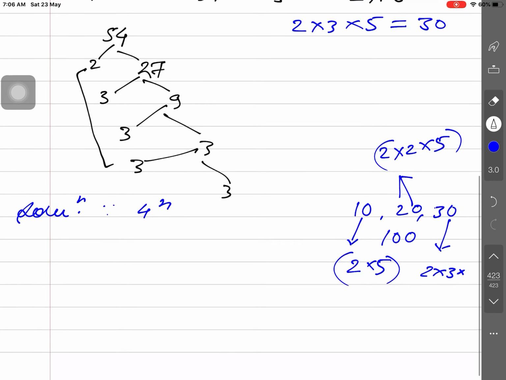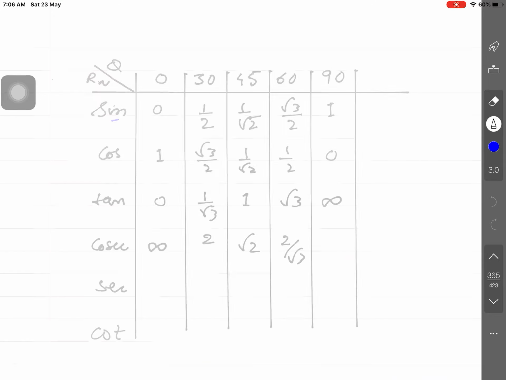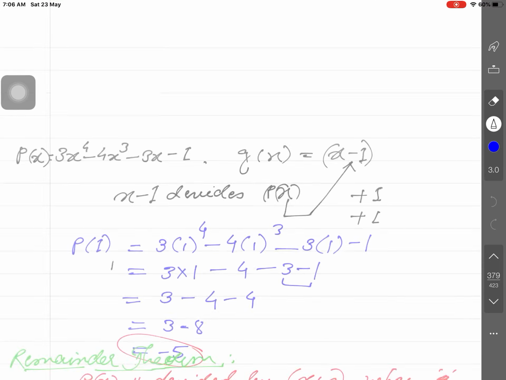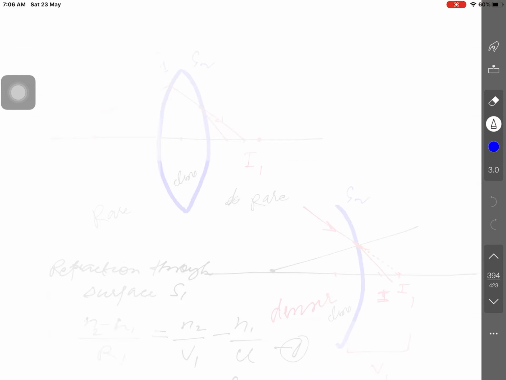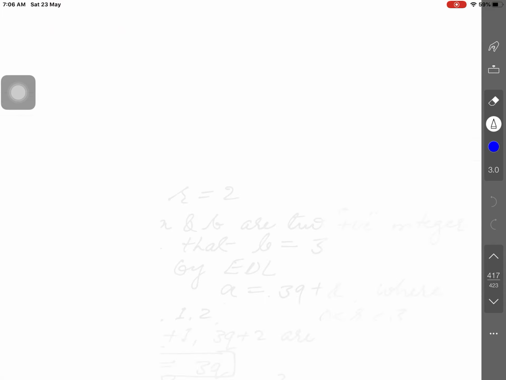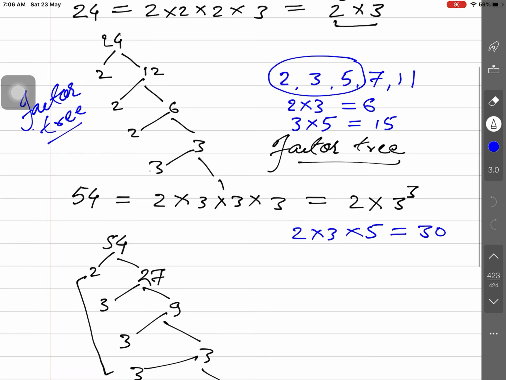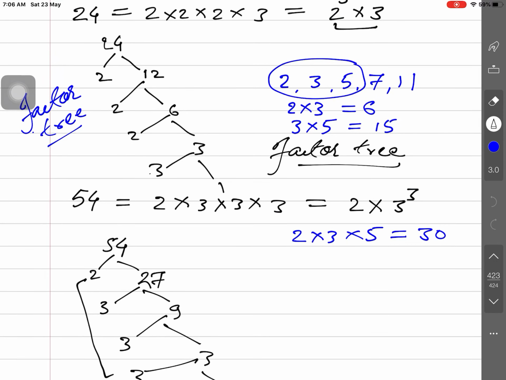You may see what is common in them, please tell me. Listen here guys, 2 into 3 into 5 is also there.